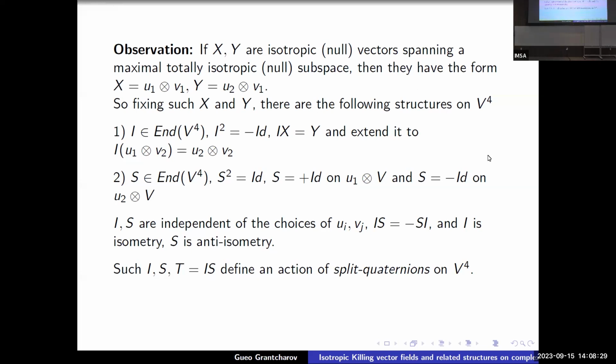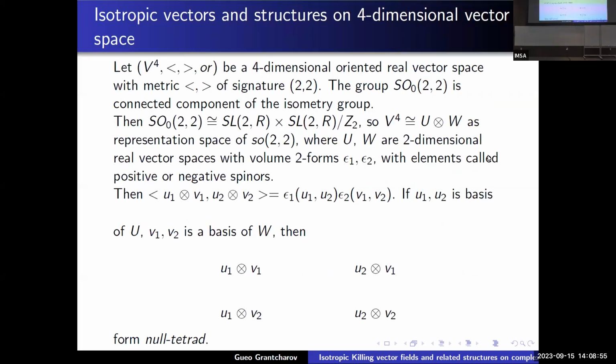Actually, one can define, once you have the 2 vectors, there exists a unique complex structure with this property, and moreover, a unique structure, sometimes called a quaternionic structure, whose square is plus identity, positive on one and negative on the other. So this complex structure means that we have the standard graph from here to here. And if we take, let's say, a complex structure which sends this vector, it's uniquely extended down. It doesn't depend on the choices we make, actually.